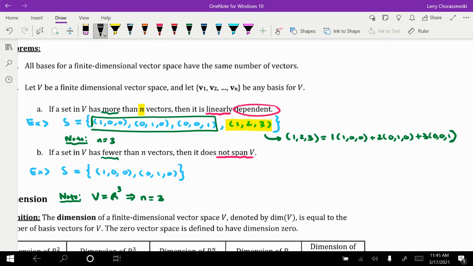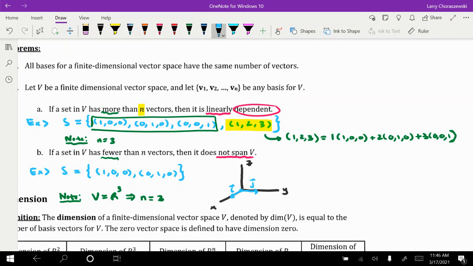Actually, I think I can draw some of this out so you can visualize it. Here are my three-dimensional axes. Vector i will be 1 unit long, going along the x-axis. The vector j will be 1 unit long, going along the y-axis.